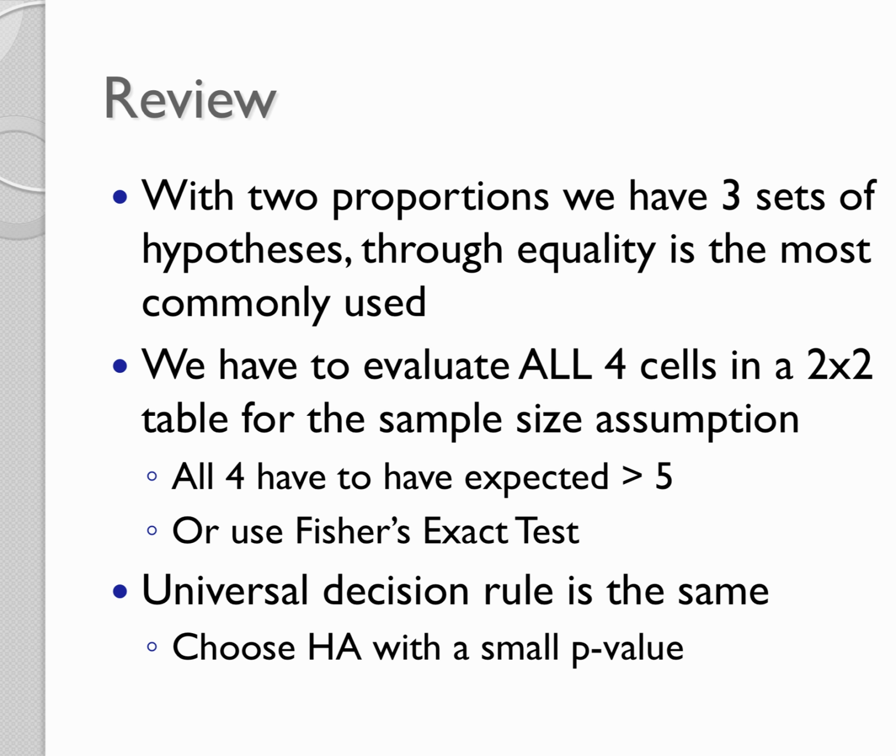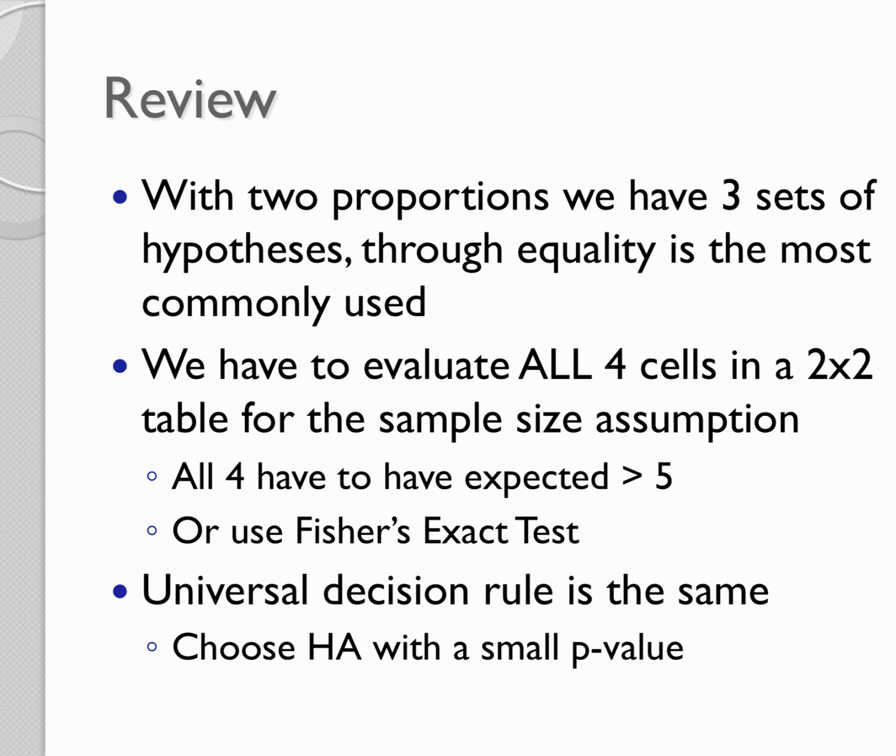Steps 1 through 6 take very little adjustment when we are testing 2 proportions versus when we tested 1 proportion. We still have 3 sets of hypotheses, though equality is the most commonly used one. It's usually equal to, not equal to. We have to evaluate all 4 cells in a 2x2 table for the sample size assumption.